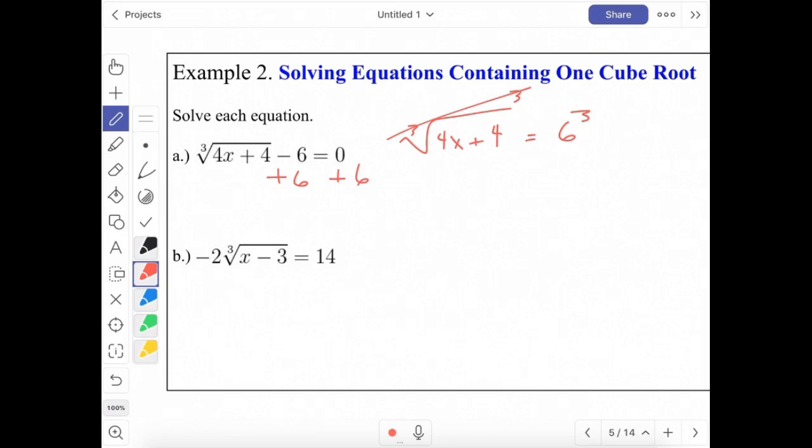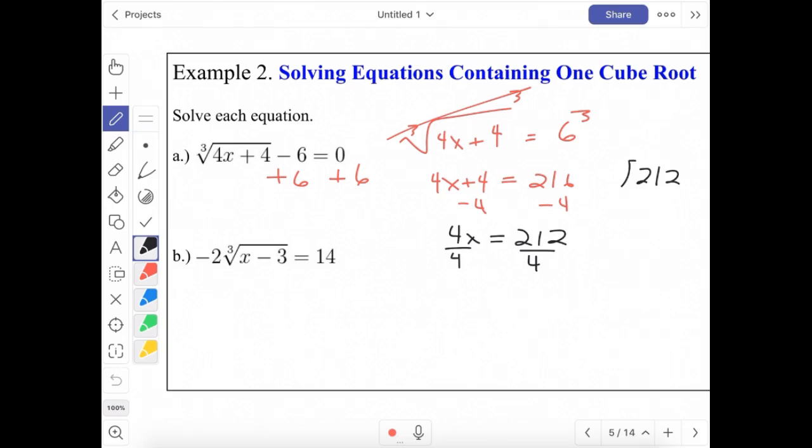Yes. So 4x plus 4 is equal to 216, minus 4 from both sides. 4x is equal to 212, and then we want to divide by 4.